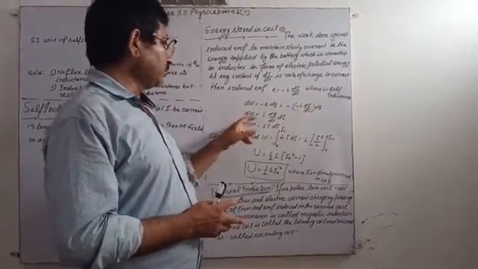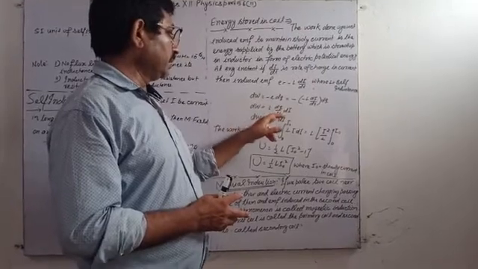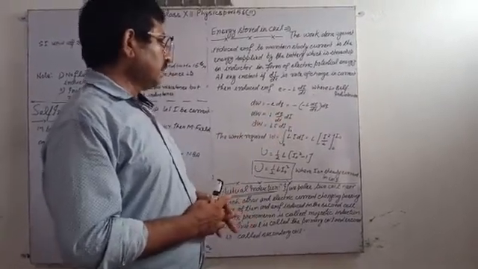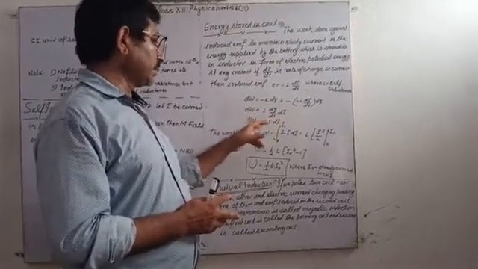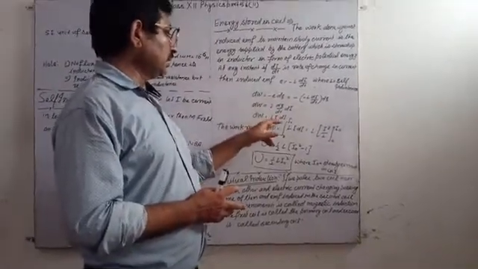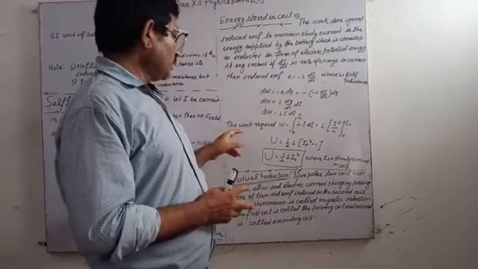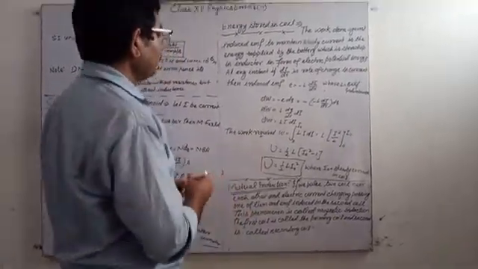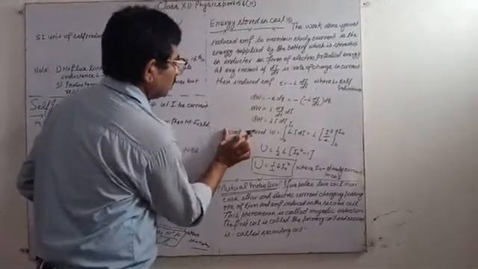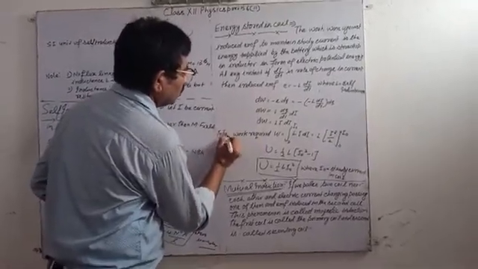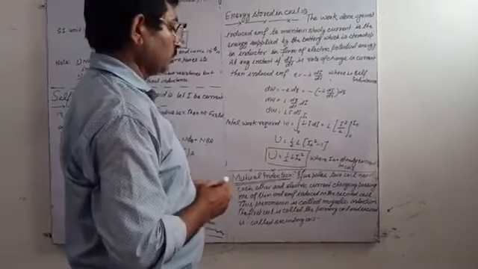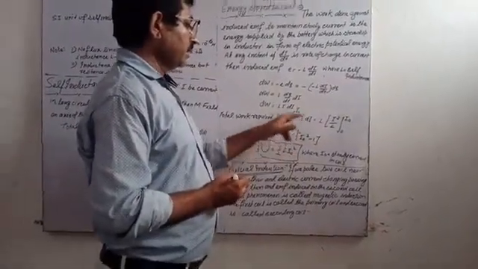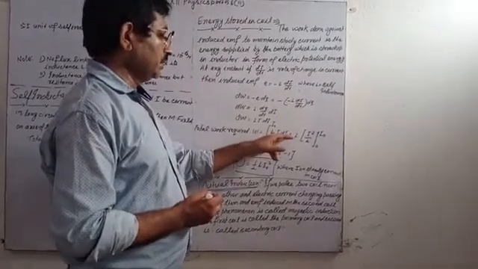You may write dW equal to L dI by dt into dq, and dq by dt, the rate of flow of charge, is known as current, so dW equal to L I dI. The total work required, W, equal to the integral from 0 to I naught, where I naught is the steady current, of L I dI.